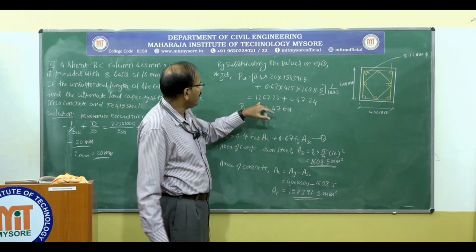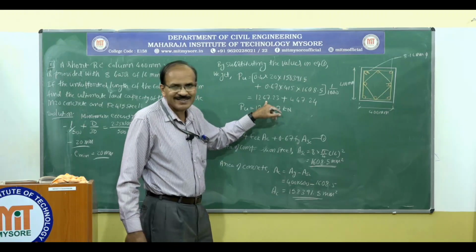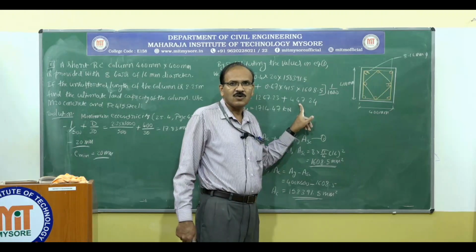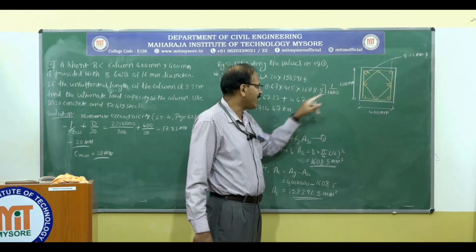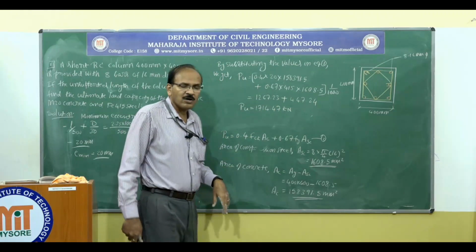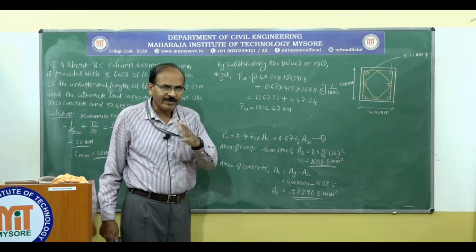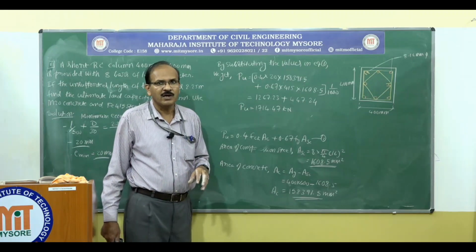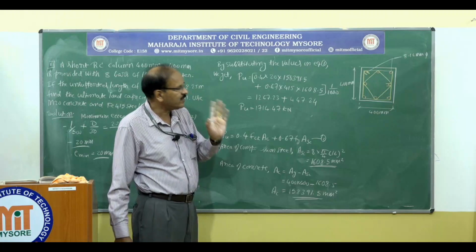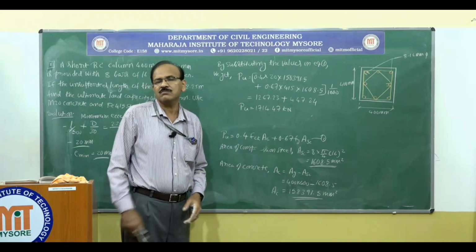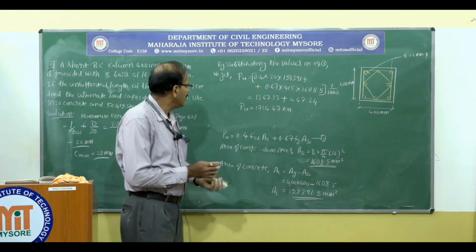So approximately it is 126 or 127 tons for concrete and 45 tons for steel. That means steel is going to carry around 45 tons and the concrete is going to carry around 127 tons of the design load, because this is the load that is going to cause failure of the column.